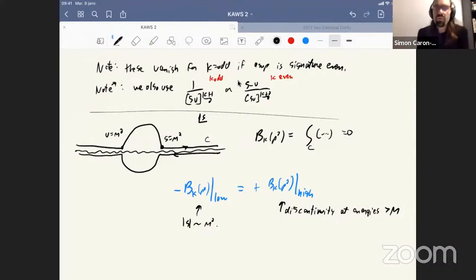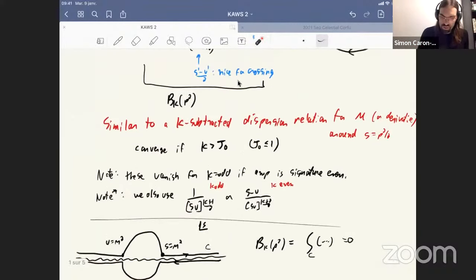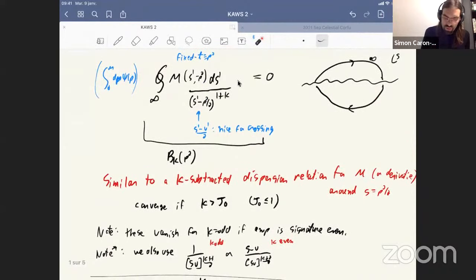We call that low. And notice that I've chosen the scale m that denotes my low and high energies. It's completely arbitrary in the sum rule. In a moment, this will be the cutoff of the EFT. But I've chosen it to be also tied to the limit on the transverse momentum.